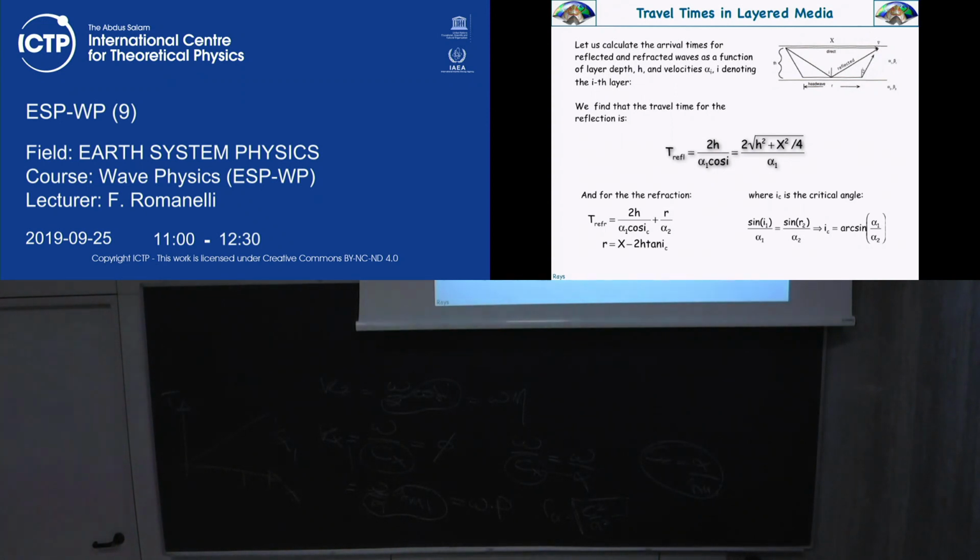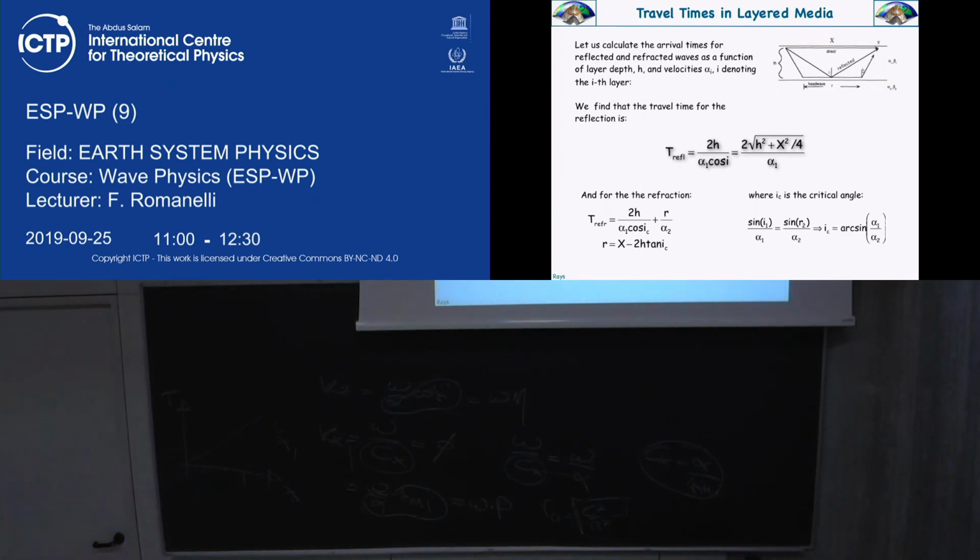What about the reflected wave? Just a little bit of algebra here. The time necessary for the reflected will be to make this and then 2 times by geometry. Okay? It's like an optics problem. Good. Let's write this time here in terms of the parameters that we want to know. Thickness.